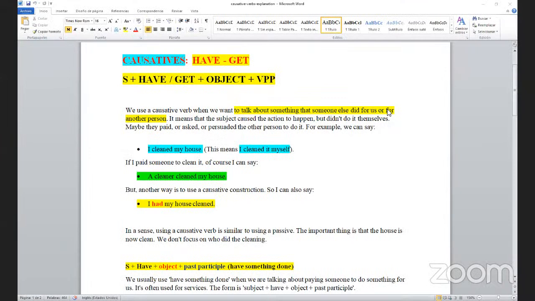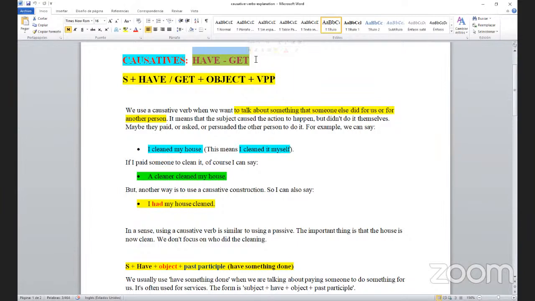Okay. Now, when we talk about causatives, we are talking specifically about these two verbs, have and get. We know the meanings of these two. And these are special verbs when we're talking about some actions that are made by somebody else.